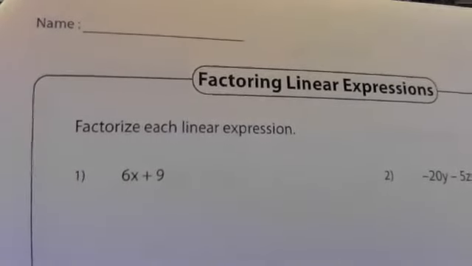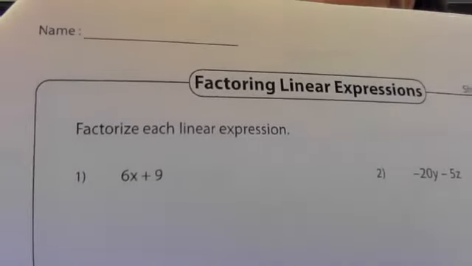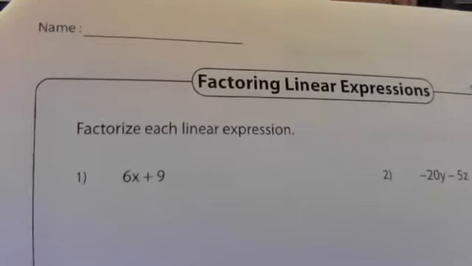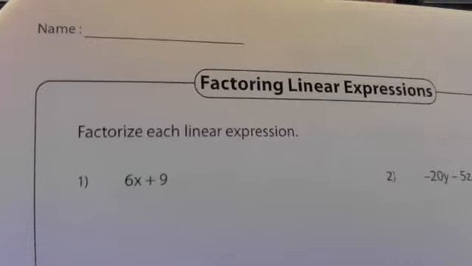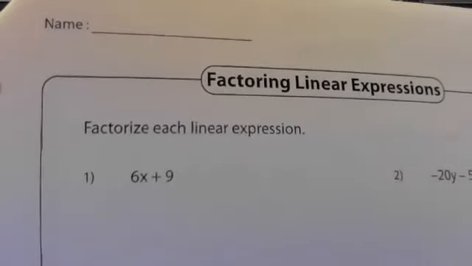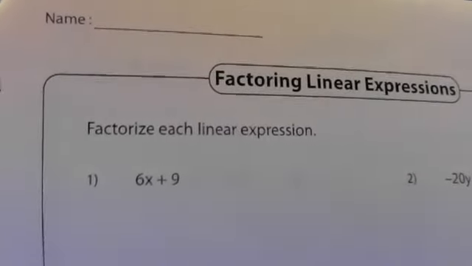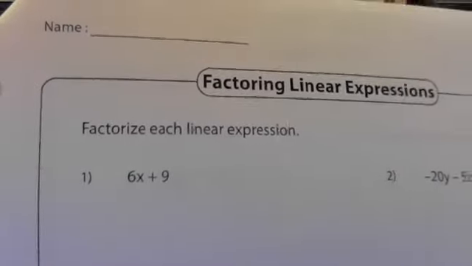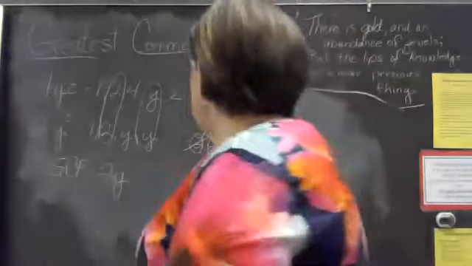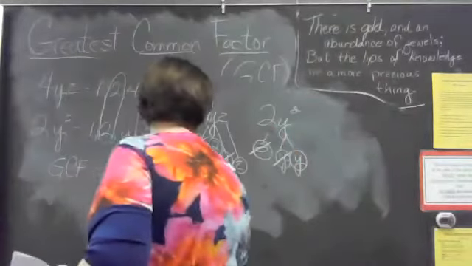So now we're going to have 2 steps, okay? We're going to find the greatest common factor of 6x and 9. But our second step is where we're actually going to show that we factored it out of this polynomial. So the first part is what we've been doing all along.